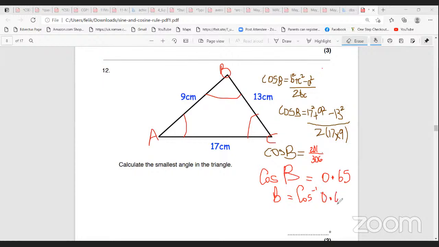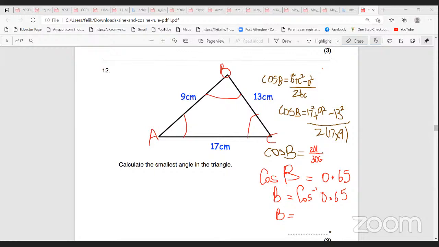What is that? Miss, 0.86. It can't be 0.86. Repeat that, miss.